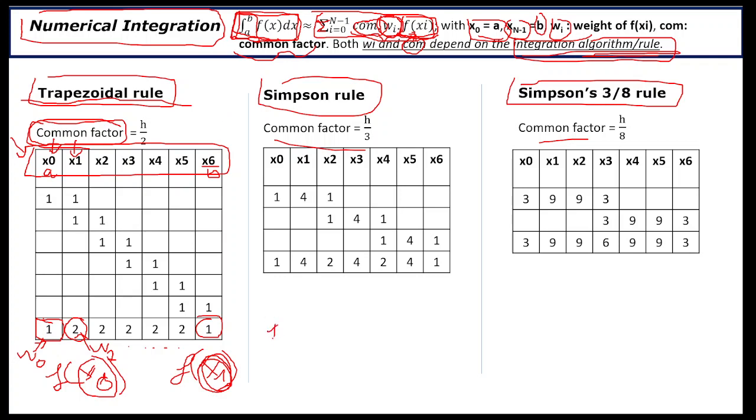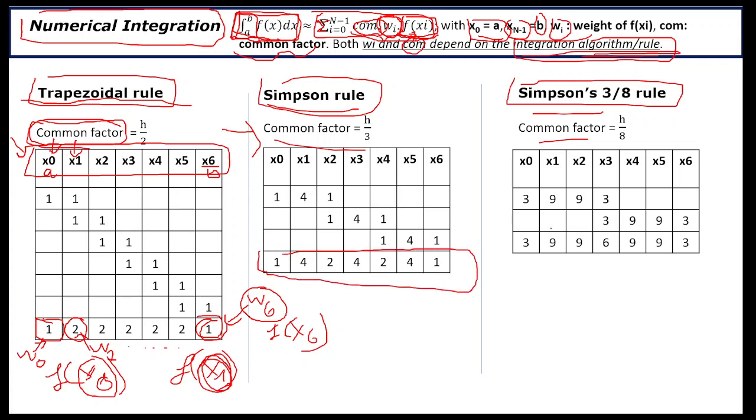So our last weight for f(x6) is here, so 1 is the weight of w6. And we could do the similar deduction for Simpson's rule and Simpson's other rule to get the corresponding value of each weight at each point by looking at the last row here.